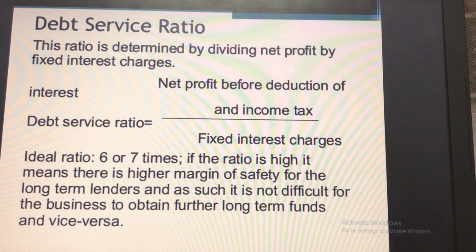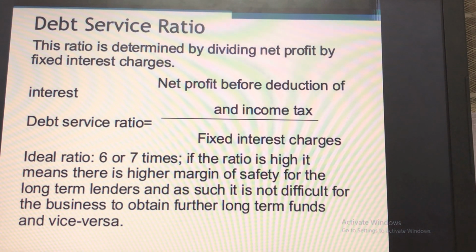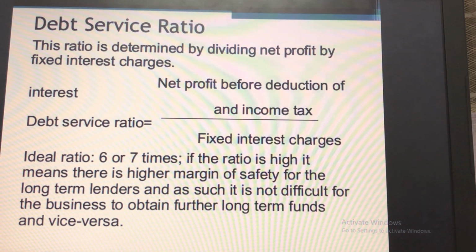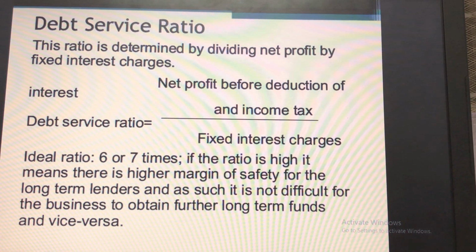Now, debt service ratio. This ratio is determined by dividing net profit by fixed interest charges. Net profit before deduction of interest and income tax divided by fixed interest charges.